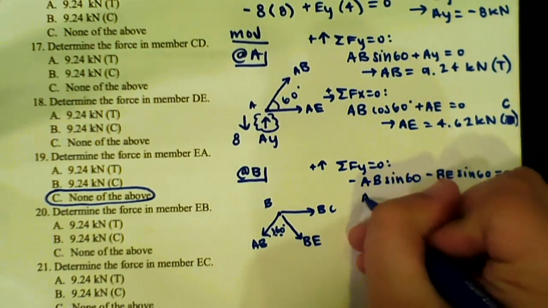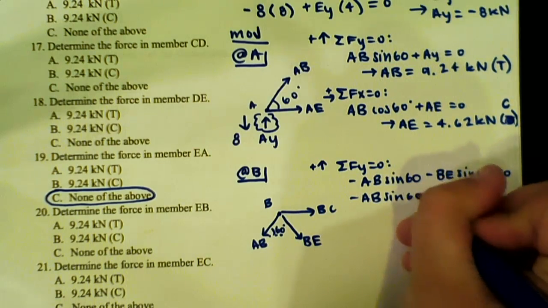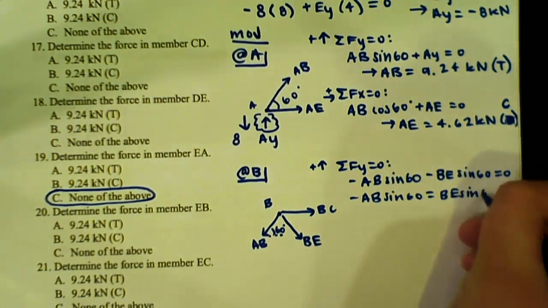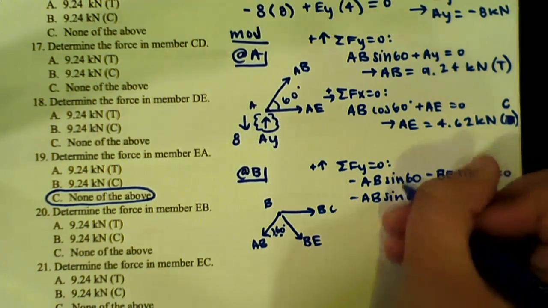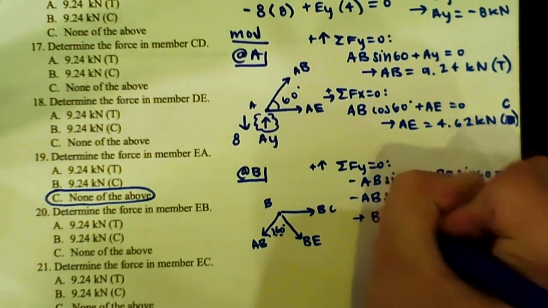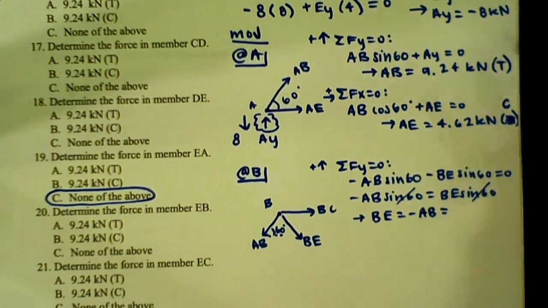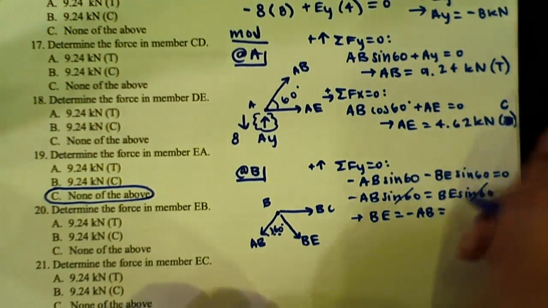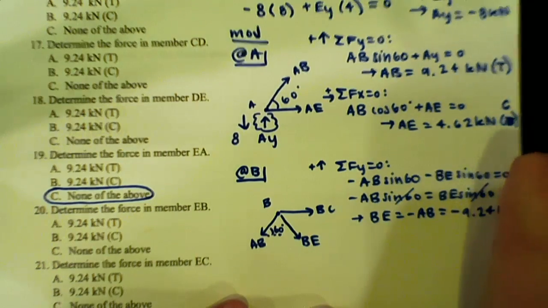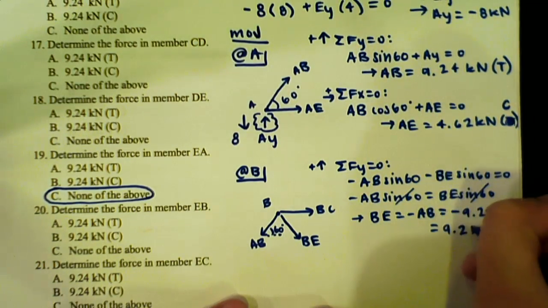So if you move it over, you have negative AB sine 60 is equal to positive BE sine 60. So the sine 60s cancel out, so you know that BE is equal to negative AB. And we found that AB is equal to 9.24, so it's actually going to be negative 9.24 kilonewtons. So that's just 9.24 in compression.